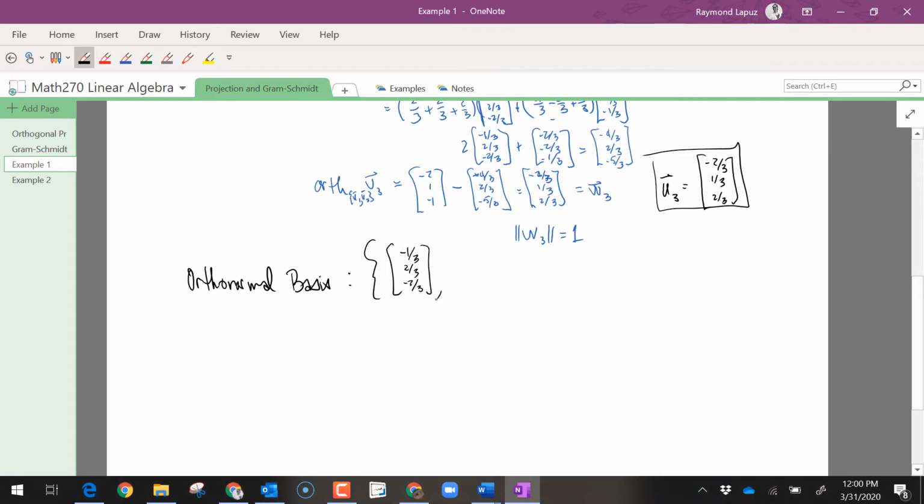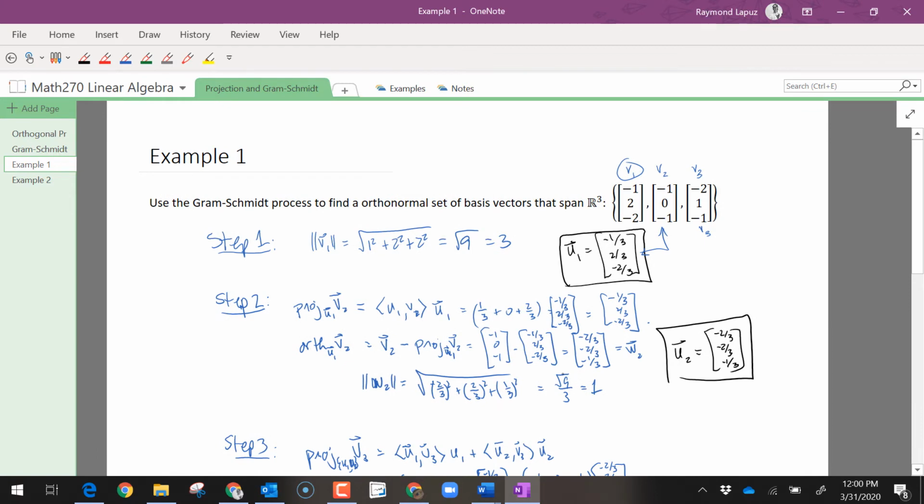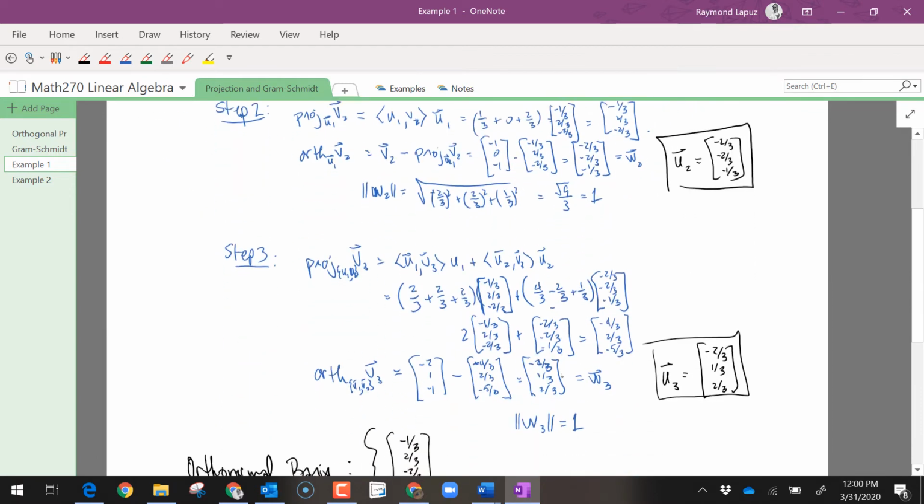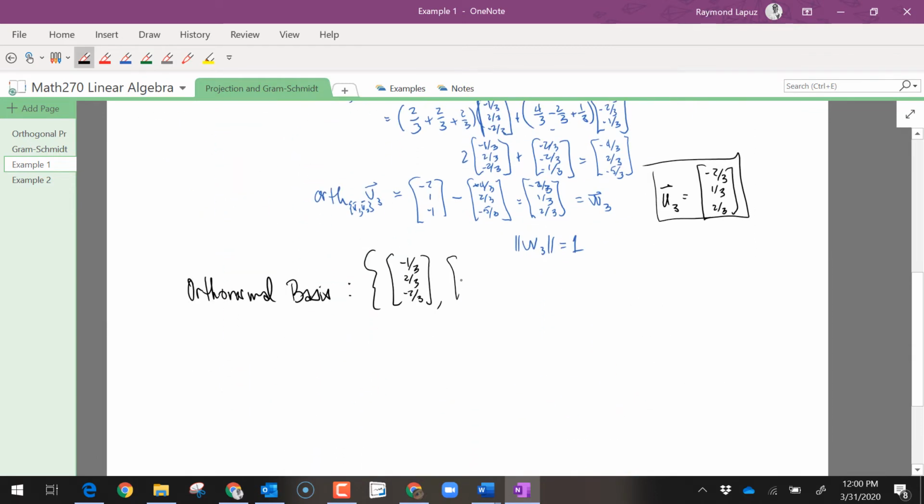Our u2, negative 2 thirds, negative 2 thirds, negative 1 third. And then our u3, negative 2 thirds, 1 third, 2 thirds. Okay, that's it.